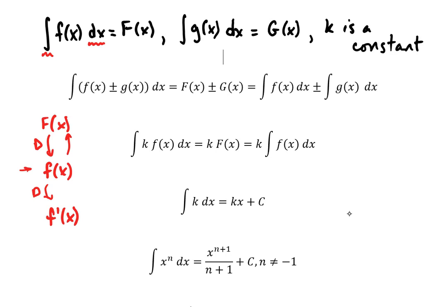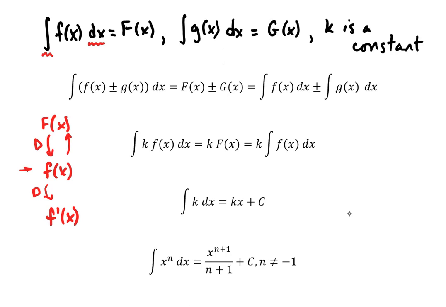But just know that the letter following the d should always match the variable in your function. And what this is really saying is integrate with respect to this variable, and this variable is the variable you have in your function.